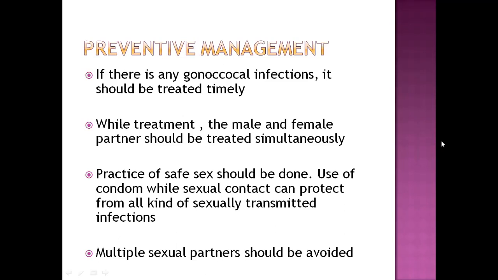Because the infection is transmitted by sexual contact, it is seen in both male and female partners, so treatment also should be done simultaneously in male and female. Next, practice of safe sex should be done. Use of a condom during sexual contact can protect from all kinds of sexually transmitted infection. Next, multiple sexual partners should be avoided. To avoid this infection, multiple sexual partners should be avoided.